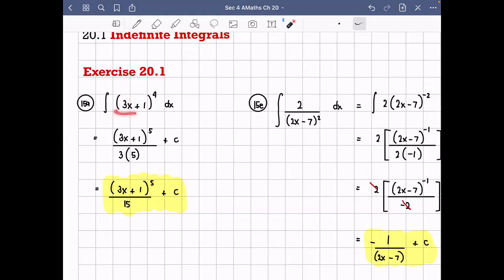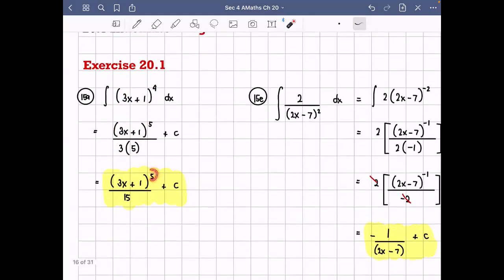So how do you get the antiderivative of this? Just bring up the index, so it becomes 5 now, because again, it's 4 plus 1. If this is 5, this is also 5. But you still need to consider the coefficient of x here. So that's why it becomes 3 times 5. Therefore, your answer is 3x plus 1 raised to 5 over 15.